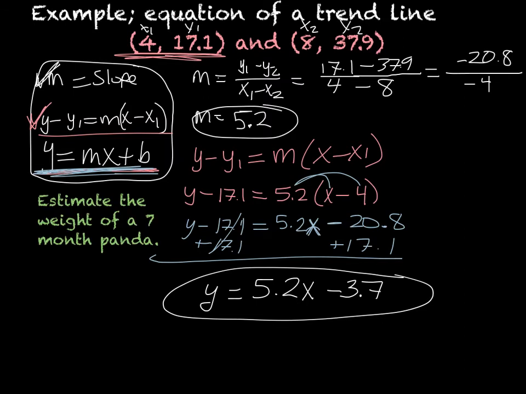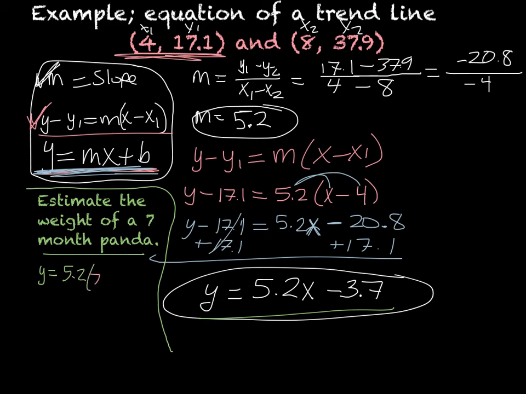Now suppose we want to estimate the weight of a 7-month panda. This would be an interpolation because it's in between known values. Now what we want to do is we just take our equation and we put in 7 months. So y is our weight, 5.2 times the number of months, which we want 7, minus 3.7.